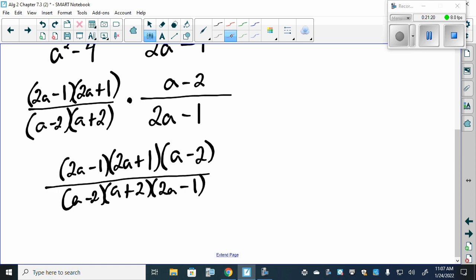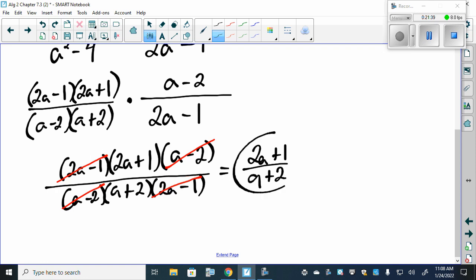So if we look at this here, there are only two things in common on top and bottom, which are our a minus 2 and our 2a minus 1, which leaves us with 2a plus 1 over a plus 2.